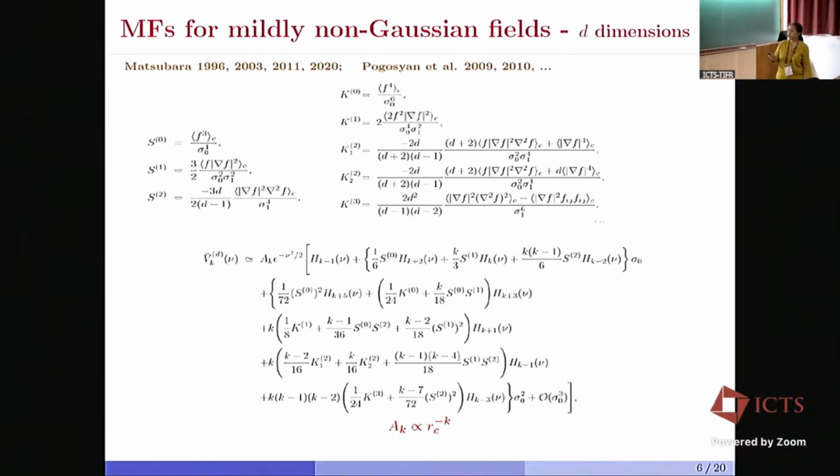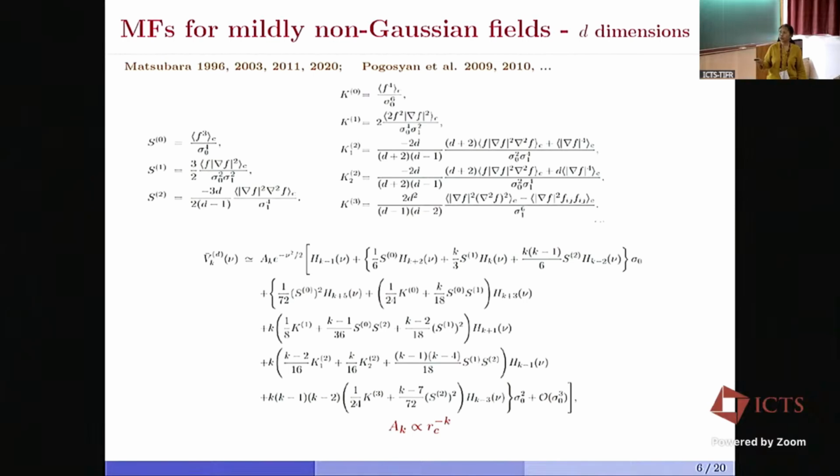This was carried out by Matsubara, and also Dmitry Pogosyan and his team have calculations of non-Gaussian deviations. The expression looks complicated, but the point I want to highlight are the skewness parameters. When you look at the Gaussian formula, you have a Hermite polynomial and a coefficient here.